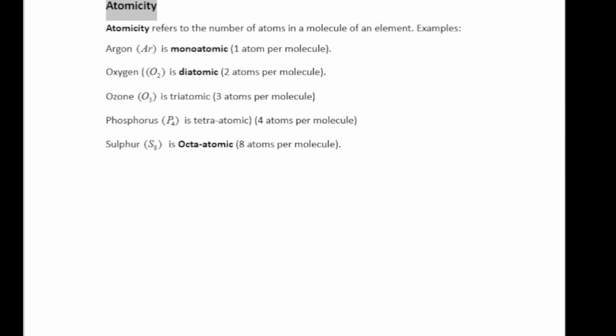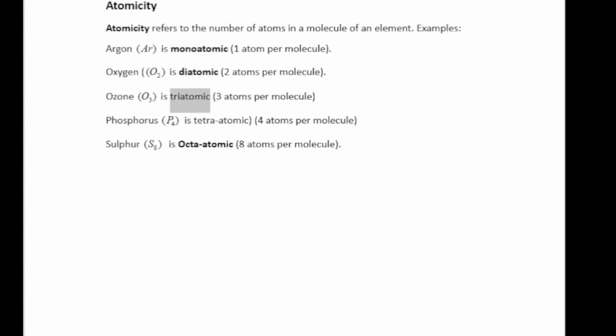Atomicity. Atomicity refers to the number of atoms in a molecule of an element. Examples. Argon is monoatomic, 1 atom per molecule. Oxygen is diatomic, 2 atoms per molecule.